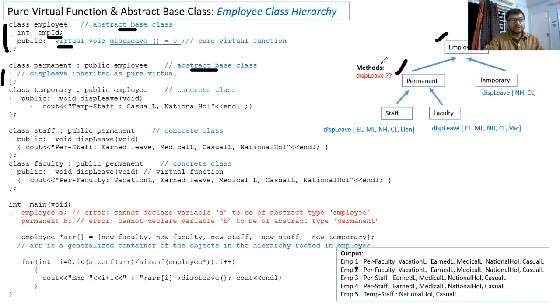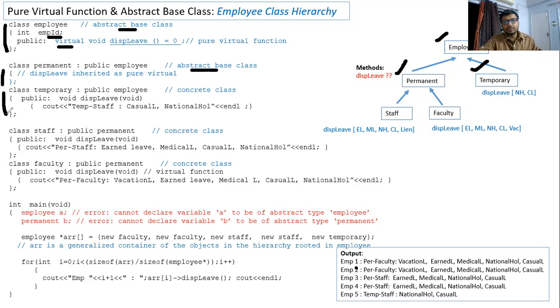So after that, we try to define the temporary class, which is again another derived class. Now the temporary class deals with display leave for the employees who are all temporary, and no matter what kind of employee that person is, their leaves are quite well defined.